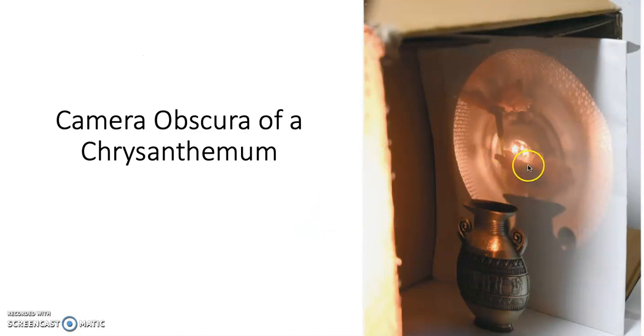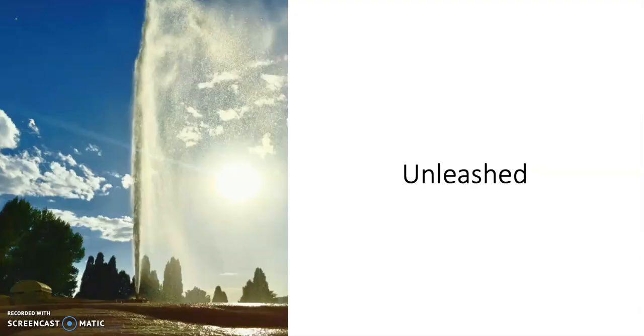And it makes it look like this flower is coming out of the vase. The flower's actually over here. So, camera obscura of a chrysanthemum, this is contrived, versus a geyser unleashed, this would be natural. The explanation for this one would be talking about pressure building up underneath the Earth's surface, and how pressure leads to this effect.